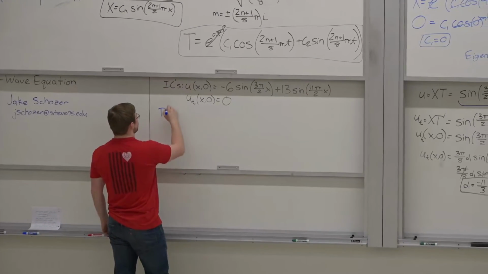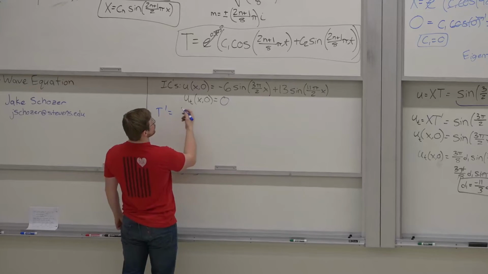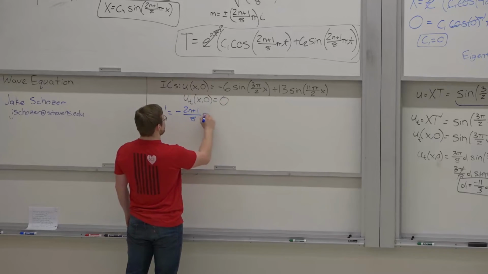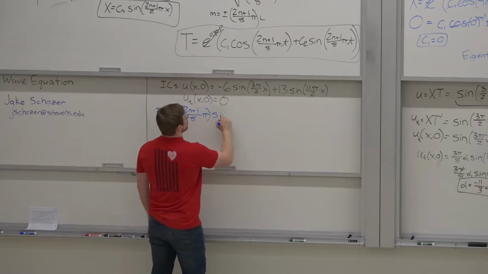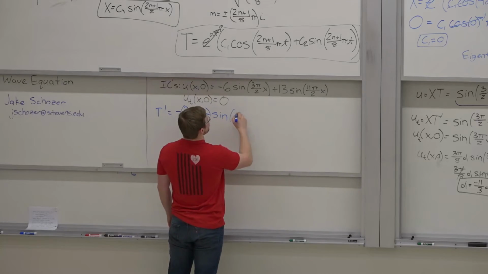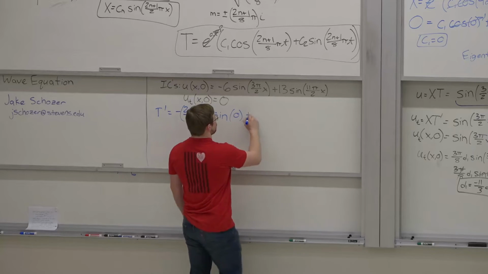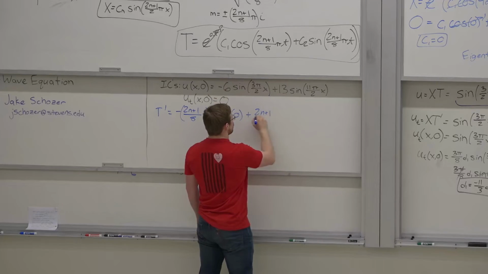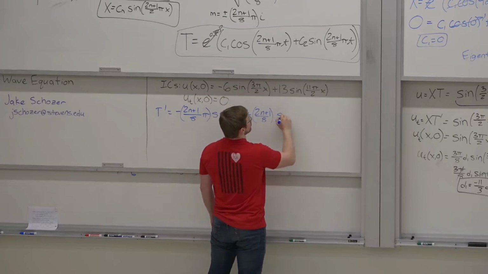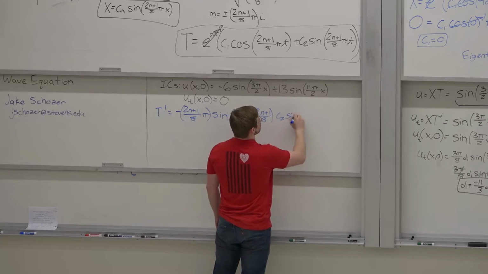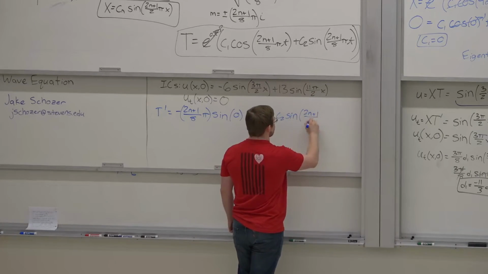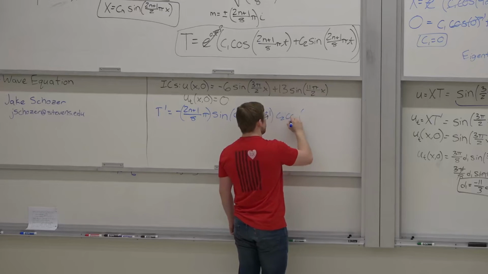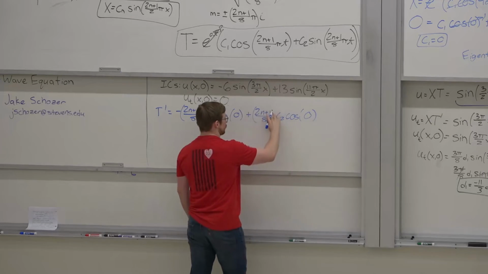So I can take my derivative, so my t prime is going to be negative (2n plus 1) over 8 pi times sine of 0 plus (2n plus 1) over 8 c2 sine of (2n plus 1) over 8 pi or 0. And again, it should be cosine. This is just going to be 0, and I should also have pi.